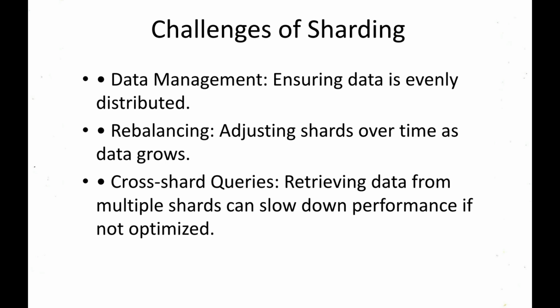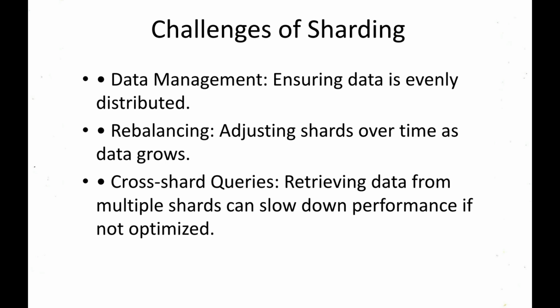A common example is in distributed databases like MongoDB or Cassandra. These databases allow for horizontal scaling using sharding so that you can store more data across different servers as the system grows.